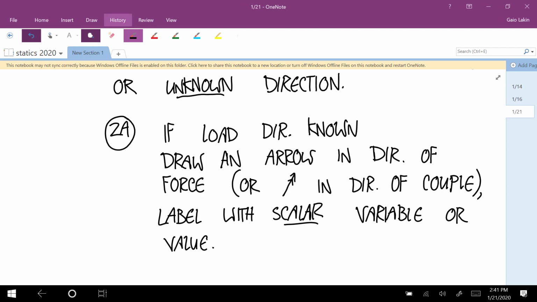That's what a couple does. You can think of it as a pure rotation. It doesn't cause any acceleration because the force is offset, but it causes a rotation. We'll talk about that quite a bit pretty soon.